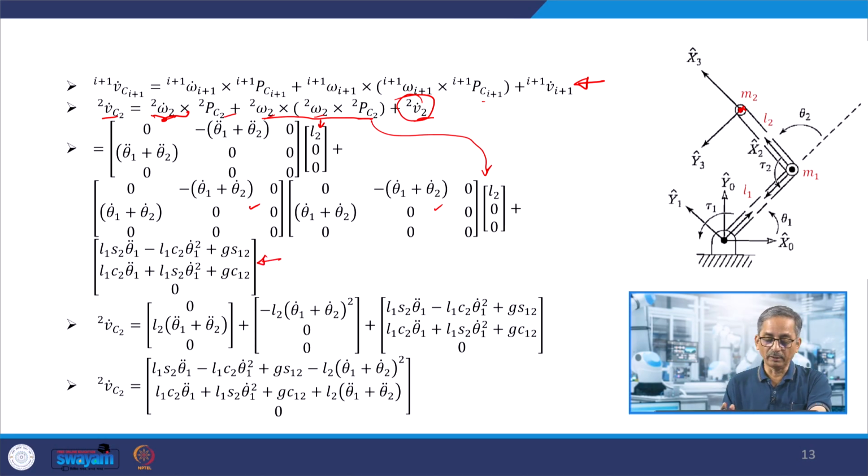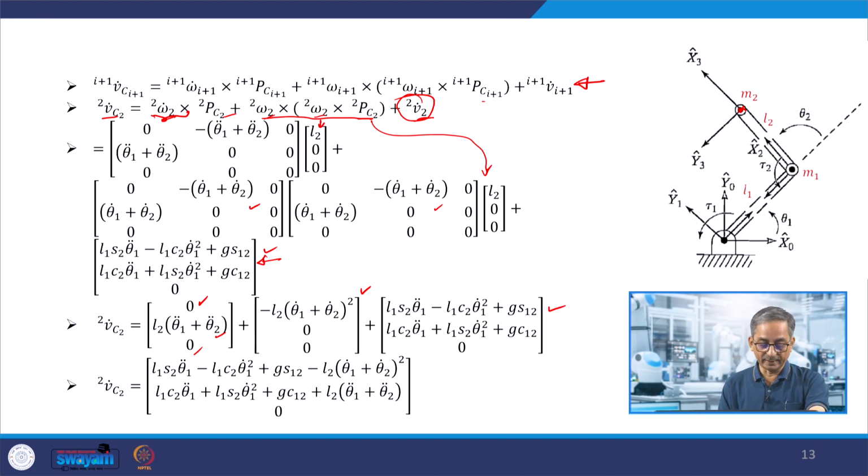Now, I can do the simplification. With simplification here I have 0, L2 being multiplied over here, then again 0. Here again I can do this simplification. So, this is what I am going to get, and this term I am putting as it is.